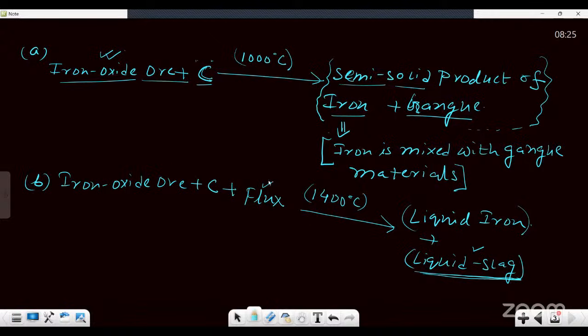And the gangue materials that were there are getting into this slag. Most of the gangue materials will go into the slag phase, and the purity of iron is going to be more just because of the addition of the flux. So when flux is added, the gangue is separated as liquid slag.